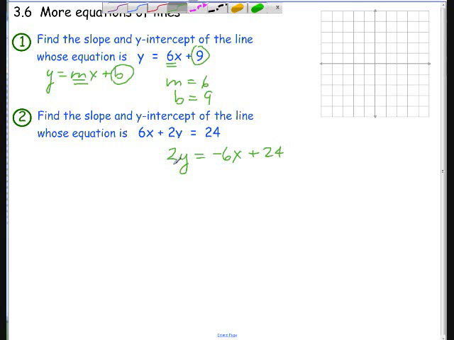I'm going to divide everything through by 2, so that'll be y equals negative 3x plus 12. Now that I have it in the slope-intercept form, it becomes obvious what my slope is and what my y-intercept is.